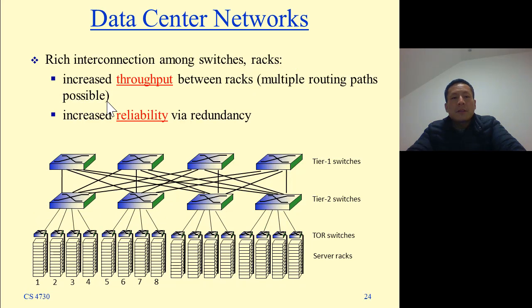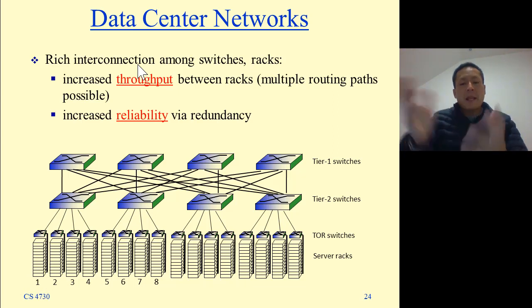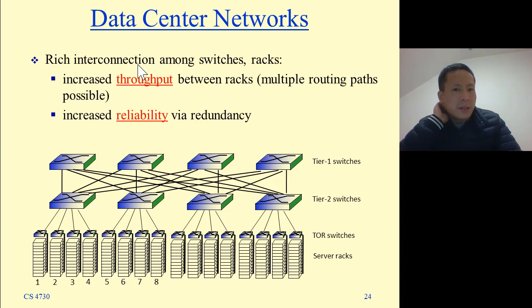So you can see that in a data center network, you need things to happen very fast, which means you need to provide very rich interconnections among the switches and racks, because they are handling so many requests and services. And you need to make sure that if one of the links or one route or one switch is down, you can still get connected. They will not break your services, right?